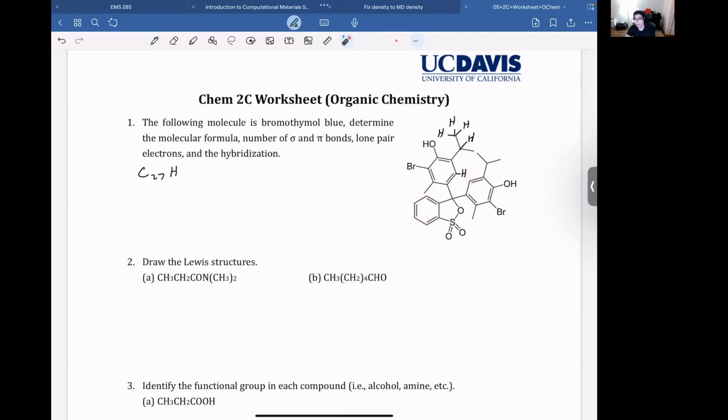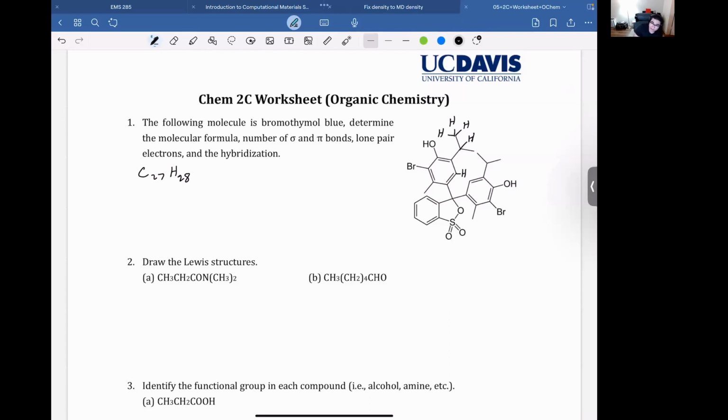Now we've counted all the hydrogens on the carbons. We have to count the hydrogens connected to other things. We have 2 hydrogens that are connected to an oxygen, also known as alcohol groups, or I guess technically phenol, but we have these OH groups, which give us 2 more, and we get 28.